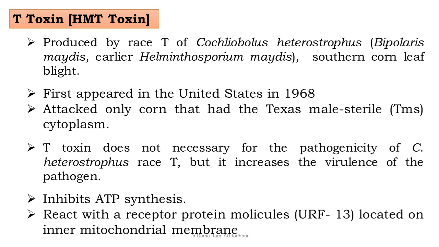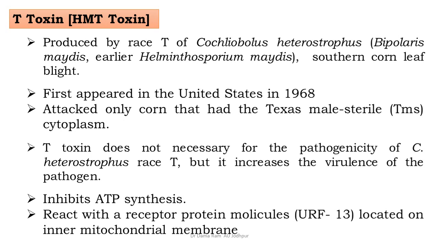So we can say the susceptible corn lines lack this gene and therefore cannot defend against the pathogen. That means the resistant corn variety has the gene HM1, but the susceptible corn variety lacks the gene.